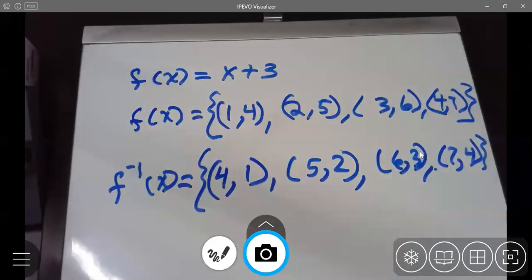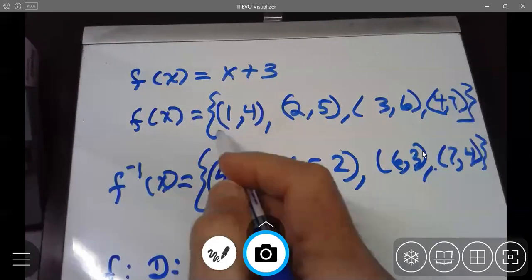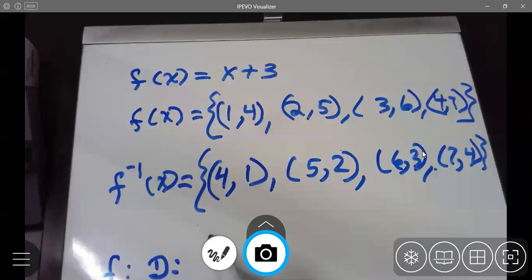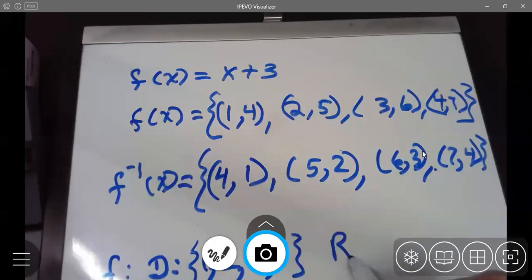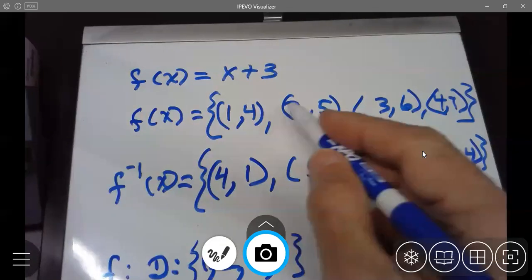Okay, so the domain for our original function was 1, 2, 3, and 4. And the range for the original function was 4, 5, 6, and 7.